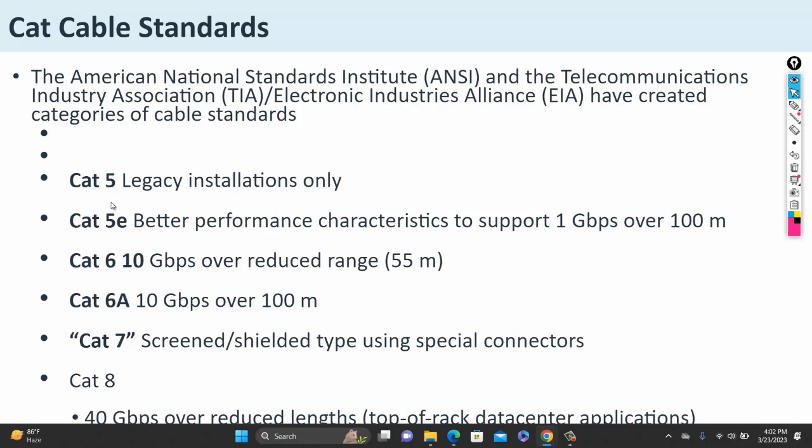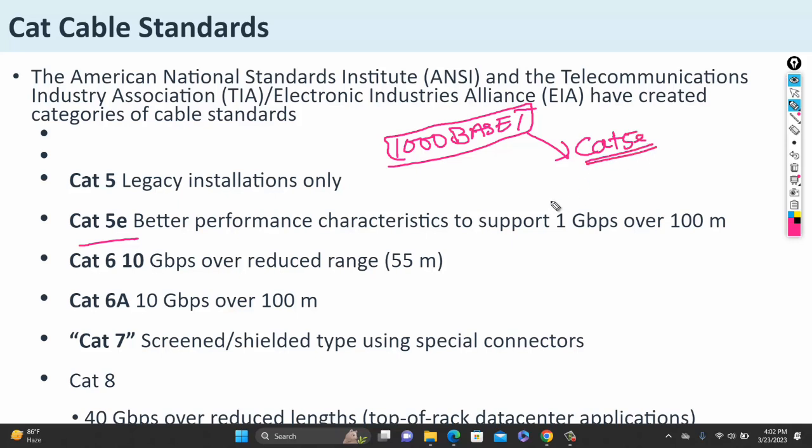CAT 5E has better performance than CAT 5 because it can support 1 Gbps data over 100 meters. So now you can understand that 1 Gbps data is supported by CAT 5E. For example, if you are using Ethernet with 1000BASE-T, this is the Ethernet standard, so the cable must be CAT 5E minimum.